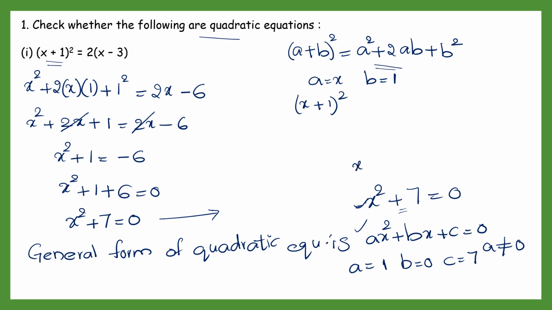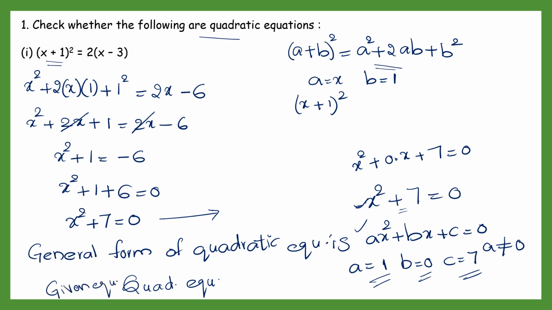This x square plus 7 can be written as x square plus 0 into x plus 7 is equal to 0. So the equation is in the form of ax square plus bx plus c is equal to 0, where a is equal to 1, b is equal to 0, c is equal to 7. B can be 0, only a should not be equal to 0. So the given equation is a quadratic equation.